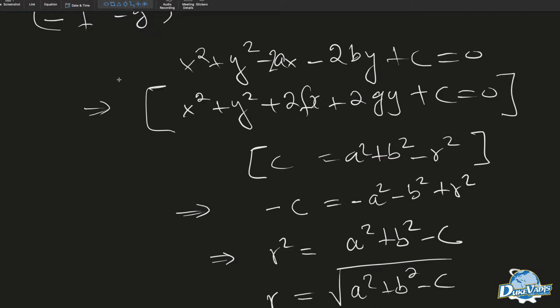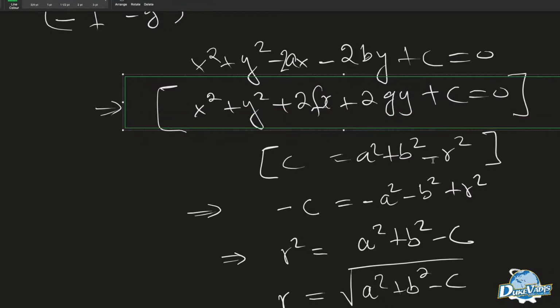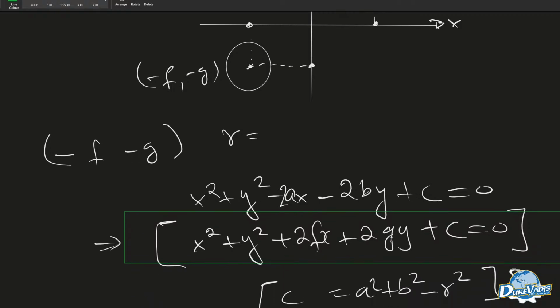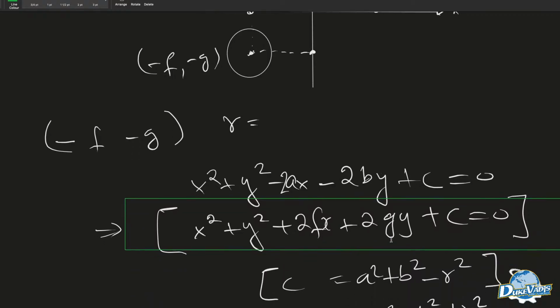Straightforward, we have this equation as one equation, this as another equation, and this one is another equation that can help us to find the radius.